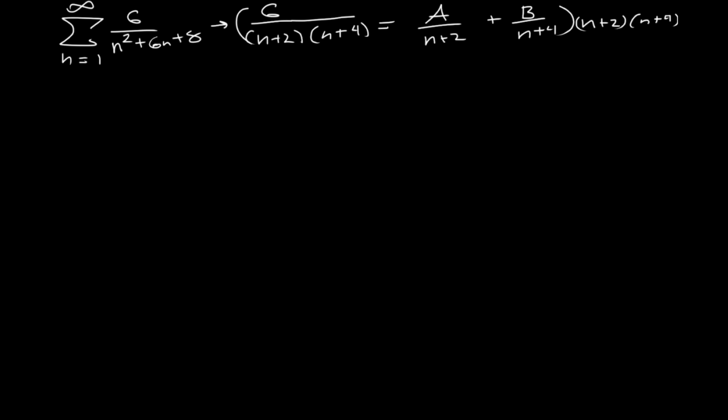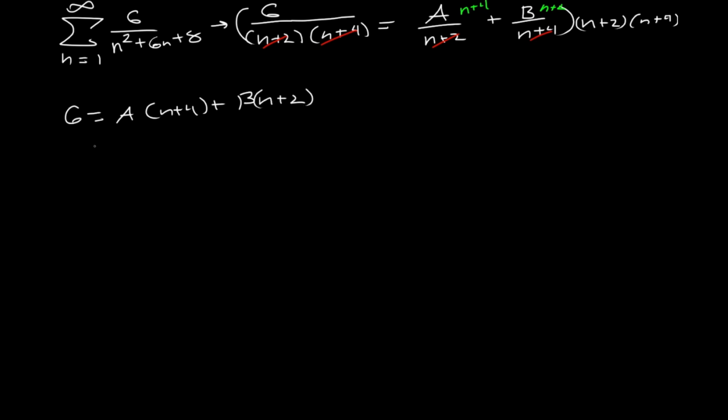From here, the n plus 2 and n plus 4 will cancel, and we are going to be left with an n plus 4 up here and an n plus 2 up here. So we'll have 6 is equal to A times n plus 4 plus B times n plus 2 over here.